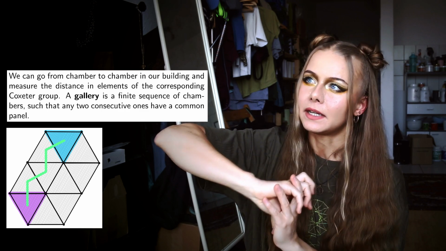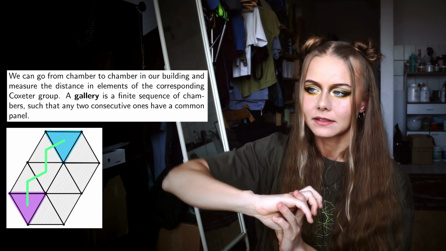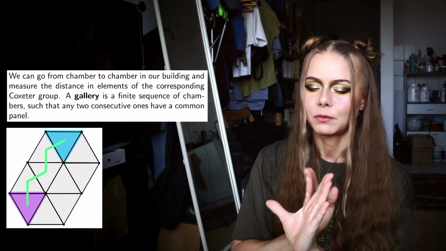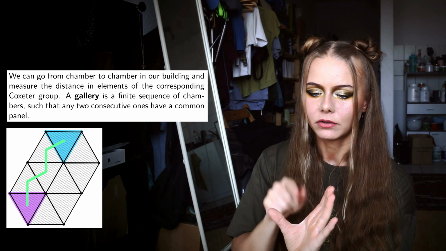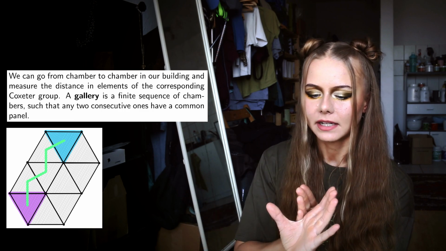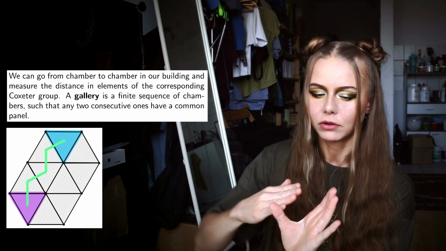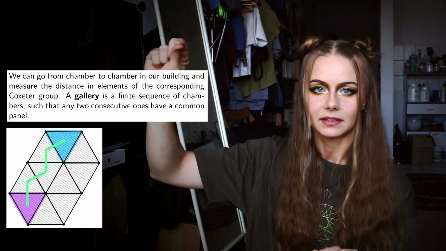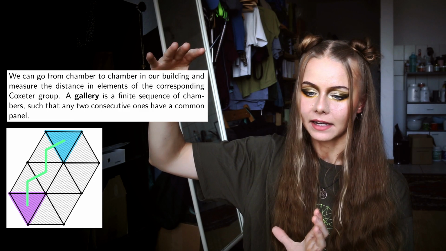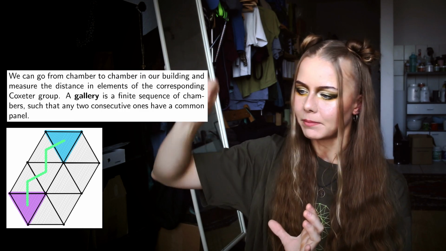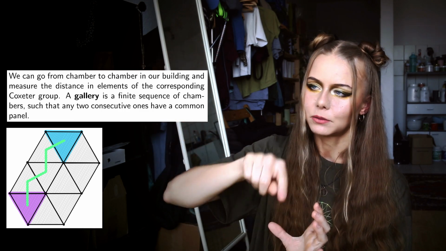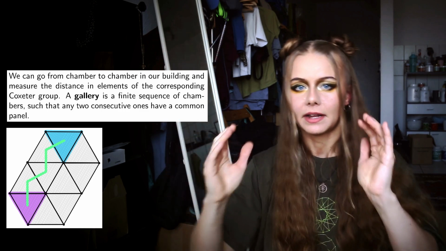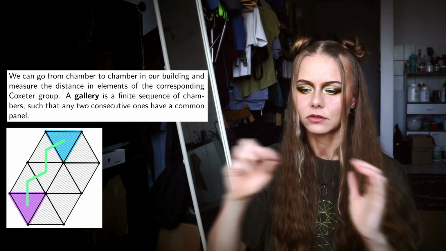If we look at a rank 3 case that I can visualize in the picture, it means we are only allowed to go to chambers crossing lines. We are not allowed to go through vertices. This is how we measure distances. And if we take all of these chambers, C0, C1, C2, up to Cn, and put them in an n-tuple, then this is called a gallery.